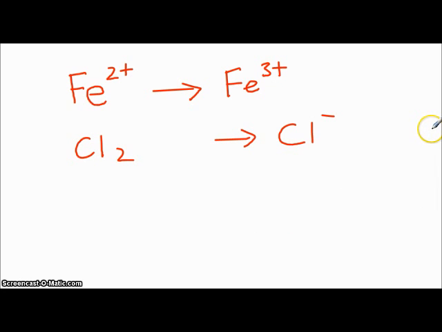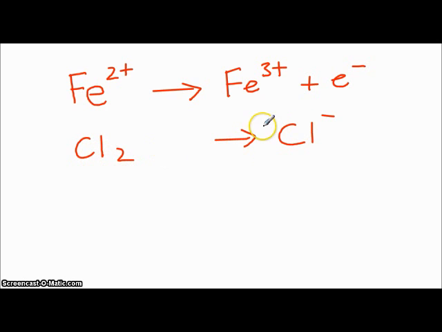Right, let's now return to the problem we had a little bit earlier, where we had Fe2 plus ions reacting with chlorine to form Fe3 plus and chloride ions. So I split them into their 2 half equations. Fe2 plus going to form Fe3 plus. So to balance that, we need an electron on that side.